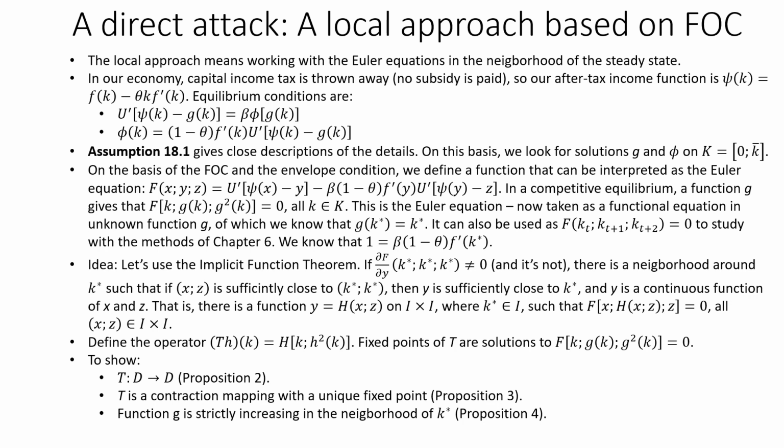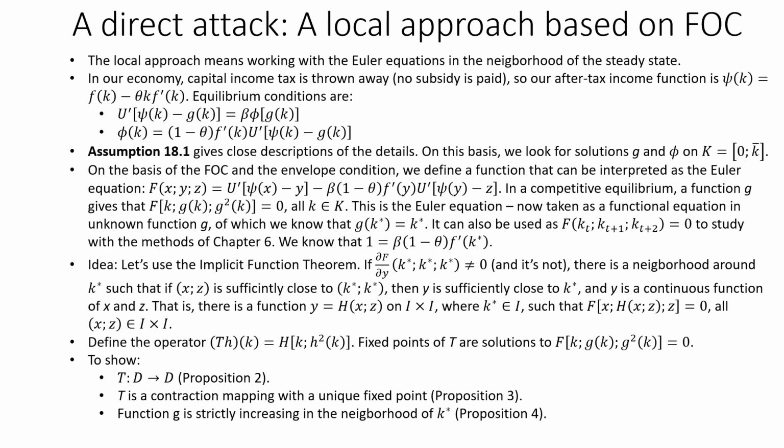Please note the first order condition and the envelope condition are very helpful because we can proceed towards an Euler equation, and this is exactly what we are going to do. There is a series of assumptions under the label assumption 18.1.